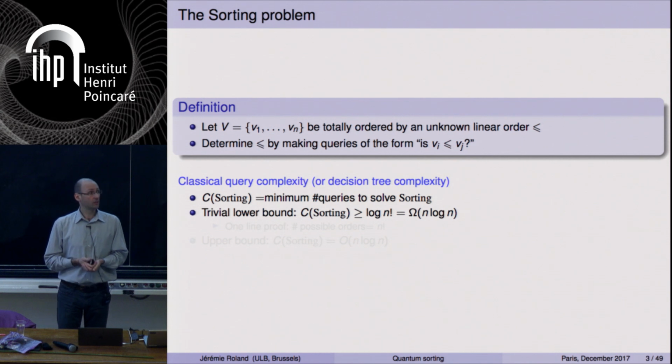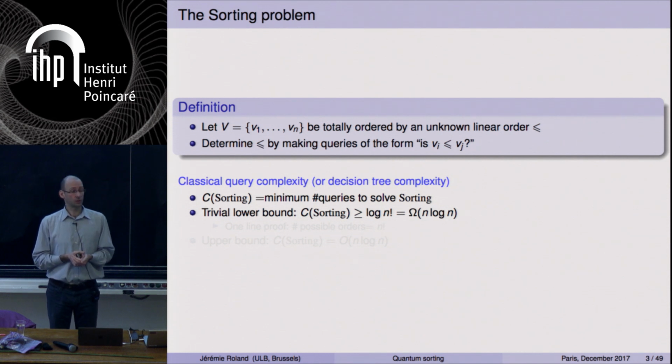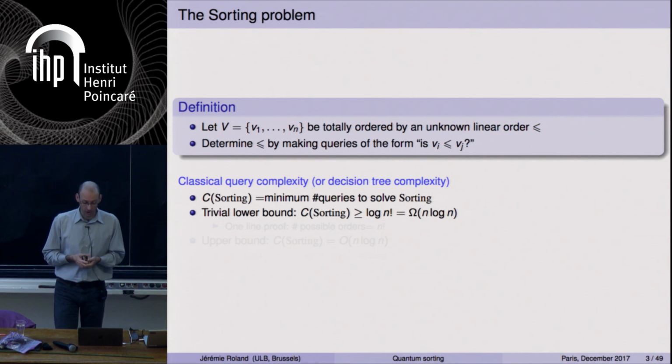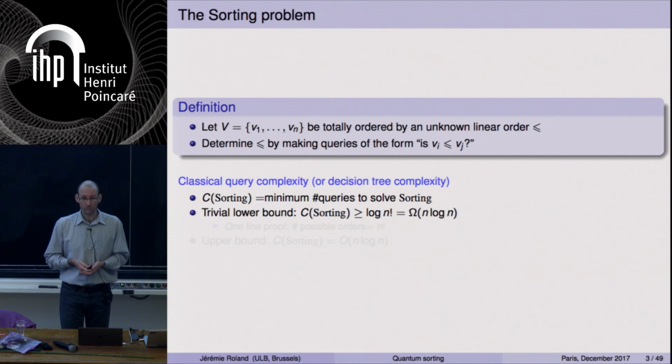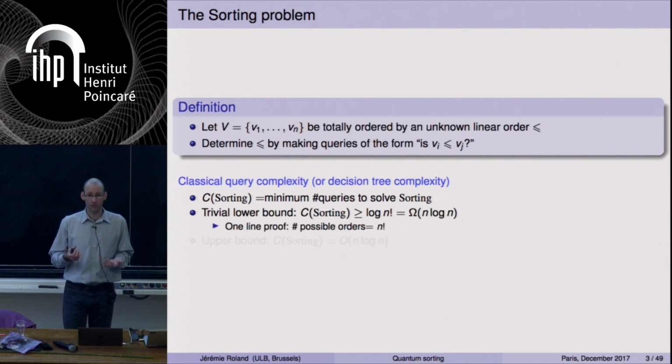So classically, the complexity is well known for this problem. You probably all know it, or at least you've heard about it at some point. There's a trivial lower bound, which is the logarithm of the factorial of n, which is of order n log n. Why so? It's almost a one-line proof.